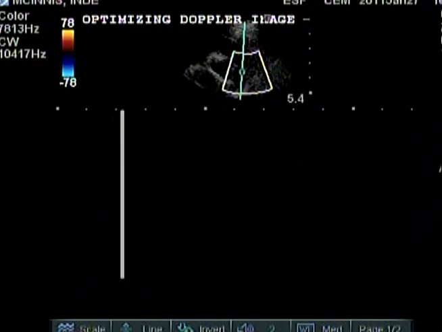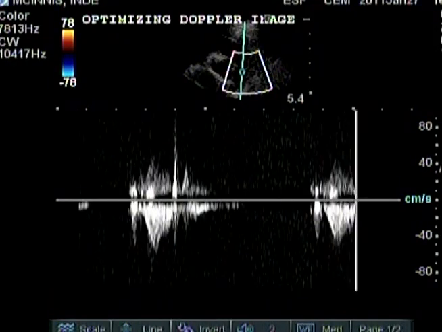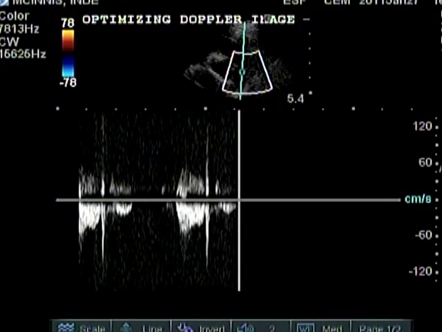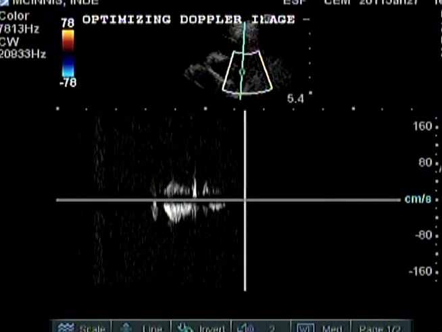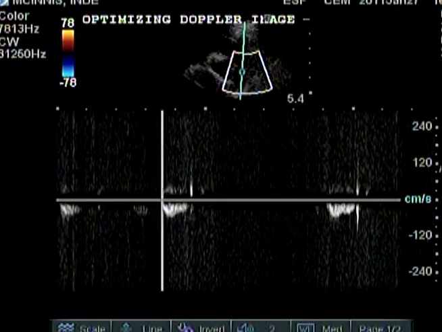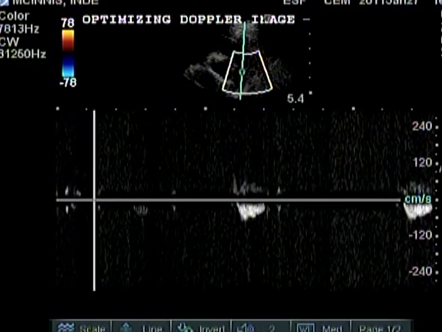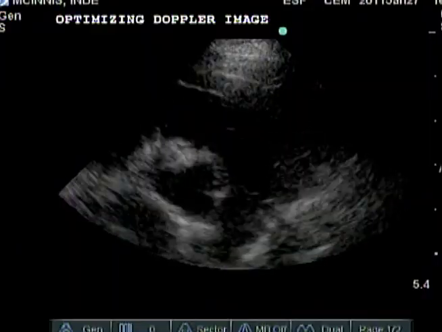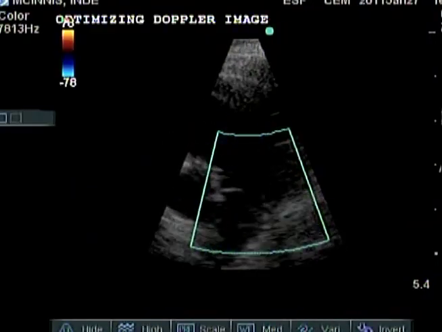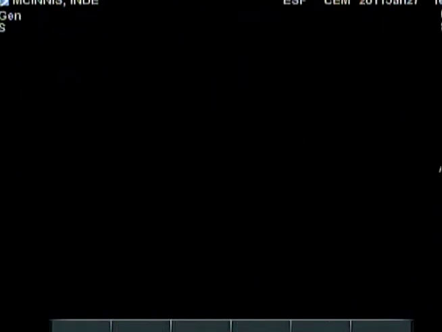If wraparound is still present, the PRF or scale can be increased to allow higher velocity measurements. With some ultrasound machines, narrow the beam sector width and turn color flow Doppler off to free computer capacity to allow the continuous wave Doppler.